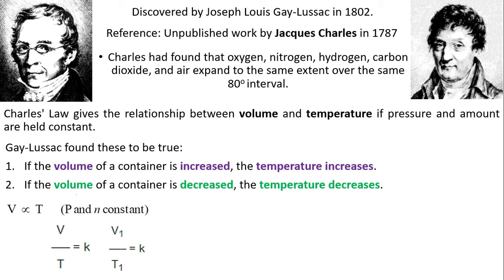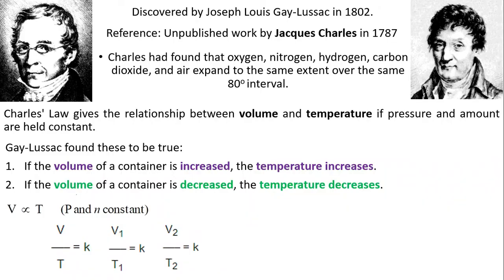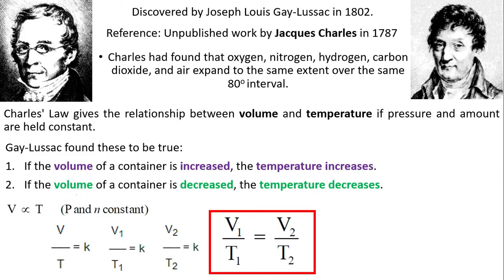Now, when they change, we will have the final volume and temperature, so V2 over T2 equals K. Since K has the same value, we can equate them, giving us V1 over T1 is equal to V2 over T2. So this is Charles' law.